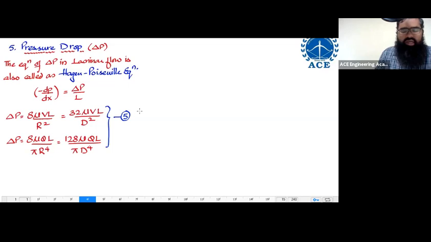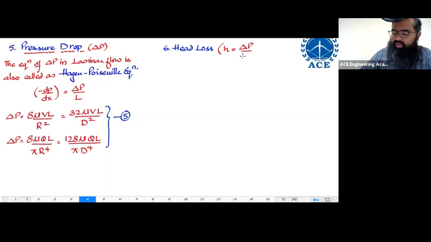The next equation, let us say the sixth equation, is the equation of head loss. How do we get the equation of head loss? Yesterday I discussed with you that head loss is equal to delta P by gamma. If head loss is delta P by gamma, then you can write the formula for head loss. Generally we prefer formulas in terms of diameter for pressure drop and head loss.